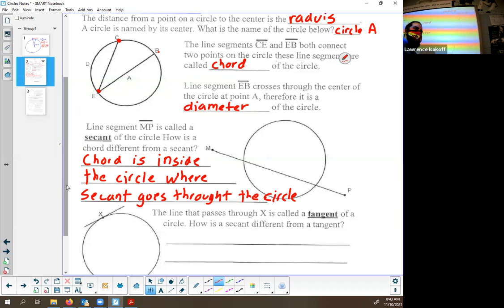So a secant and a chord are very similar. A secant just extends outside the circle.